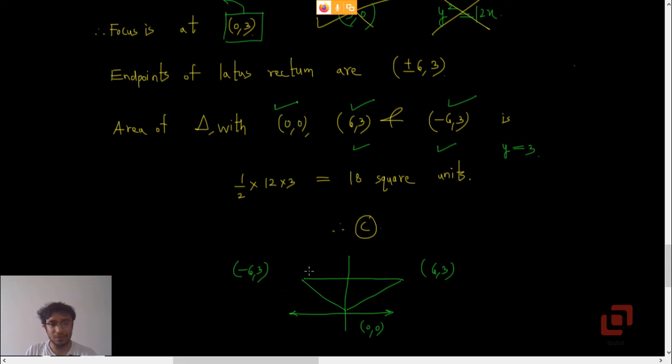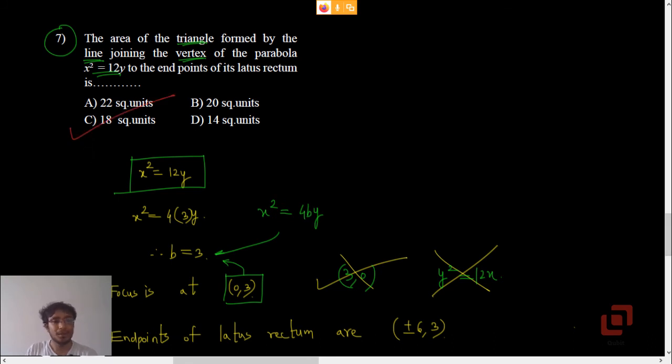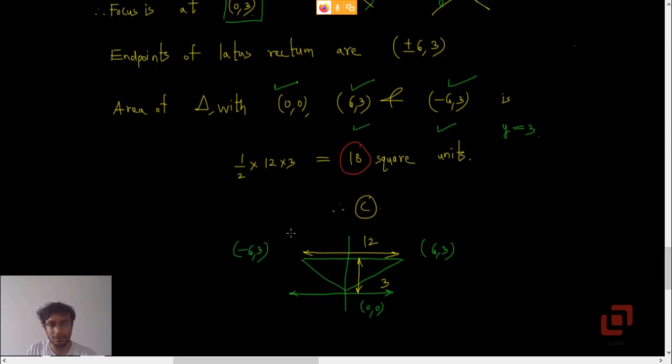So the base of the triangle is the horizontal side, which will be 12. The height will be the y coordinate of these two points, so 3. So half base into height is the area, half into 12 into 3, 6 into 3, 18 square units. Okay, so that is the answer, option C. Now, if you want to trace the parabola, you may do it. It will be like this.